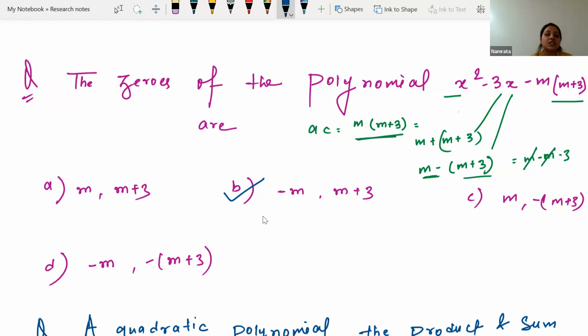Suppose instead of this m in bracket m plus 3, it were m square plus 3m, then we will think about factorizing it first. Once we factorize it, then automatically we will see either by adding or by subtracting, we are getting the middle term.